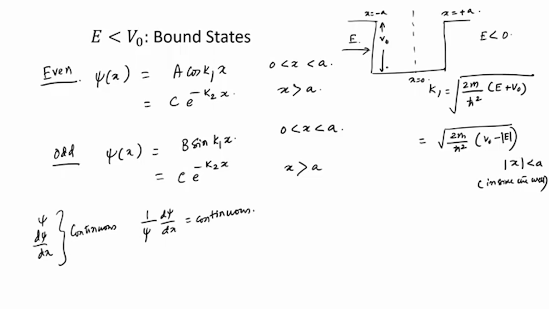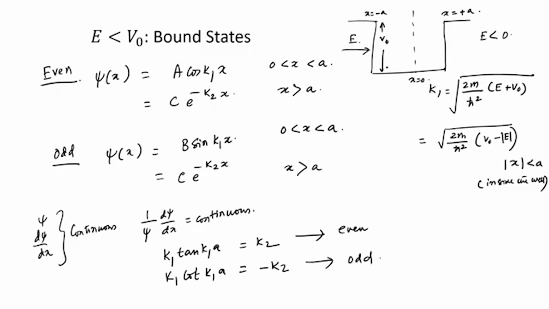That gives us two conditions. One is k 1 tan k 1 a equal to k 2, and k 1 cot k 1 a is equal to minus k 2. So the first corresponds to the even problem, and the second corresponds to the odd problem.